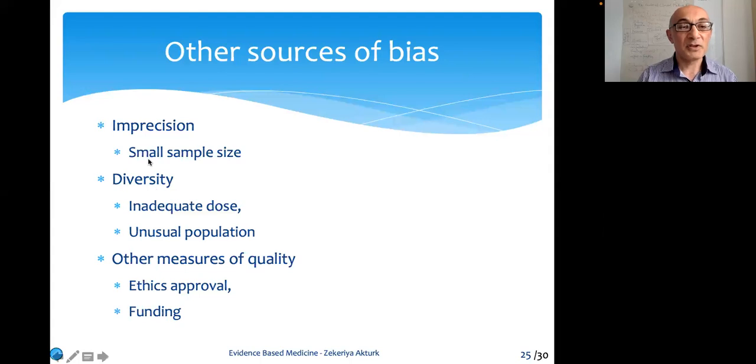But imprecision, like small sample sizes, diversity, like inadequate dose, unusual populations, or other measures of quality, ethics approval, funding, these all need to be addressed as well. And I suggest you once more to go and look at the Catalog of Bias website for this purpose.